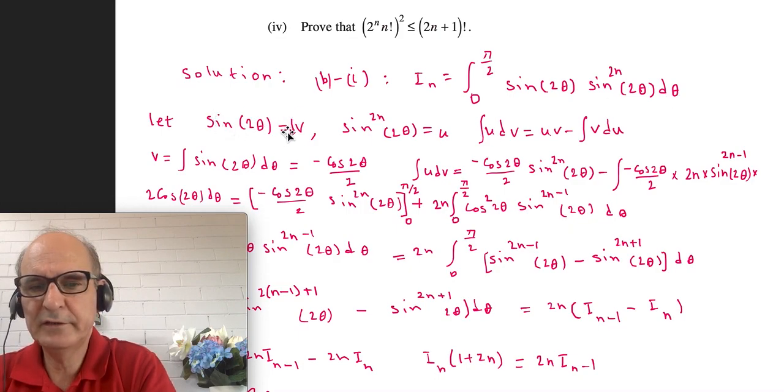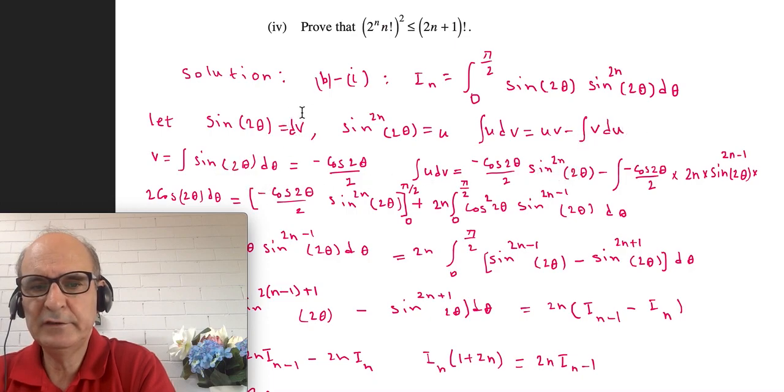Now, as I said, we use integration by parts. Let sine 2 theta be dv and sine to the power of 2n of 2 theta be u. According to integration by parts, the integral of u dv is equal to uv minus the integral of v du.